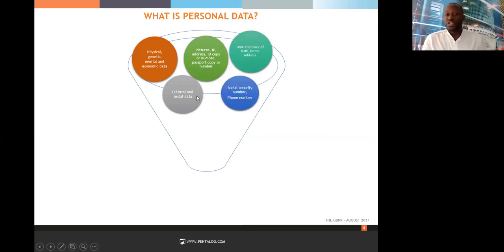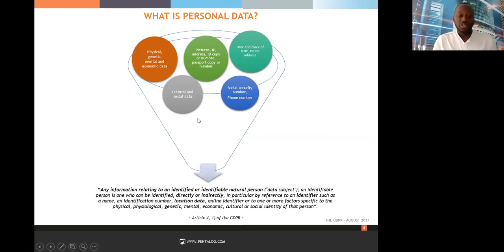It can be your social security number, your phone number. The GDPR gives us a very strong definition that you can find in Article 4.1 of the document. It's any information relating to an identified or identifiable natural person. And an identifiable person is one who can be identified directly or indirectly, in particular by reference to an identifier such as a name, identification number, location data, etc.